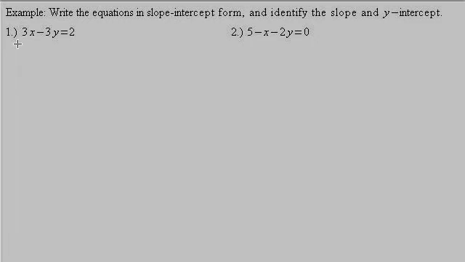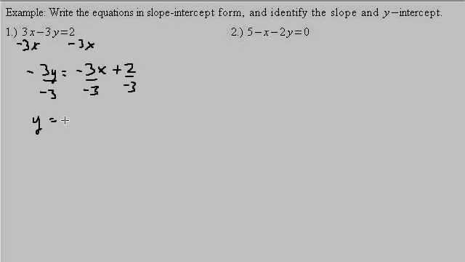Okay, so here I'm going to subtract 3x from both sides, and so I get -3y = -3x + 2, and then I'm going to divide each term by -3, so I get y = x - 2/3, because the -3's cancel.